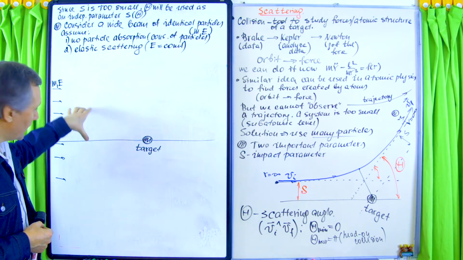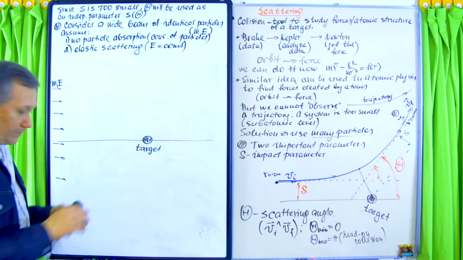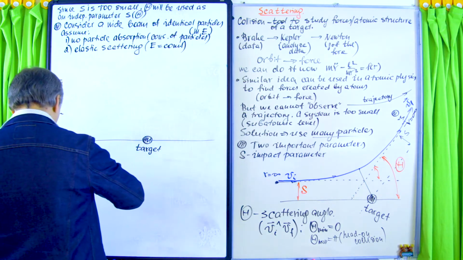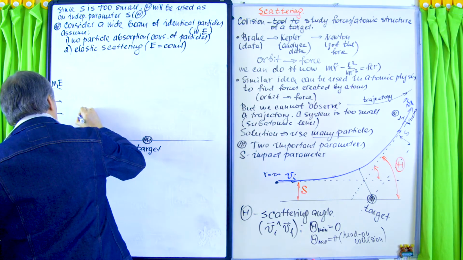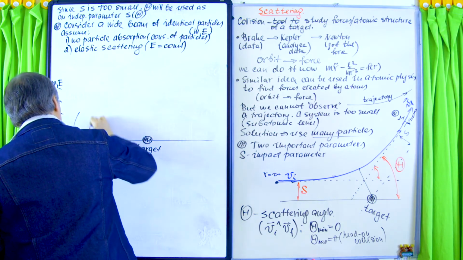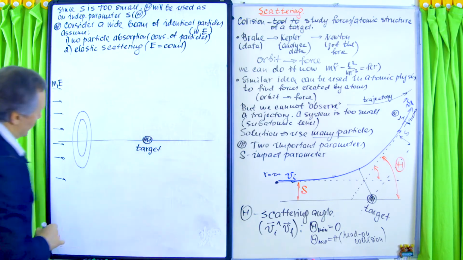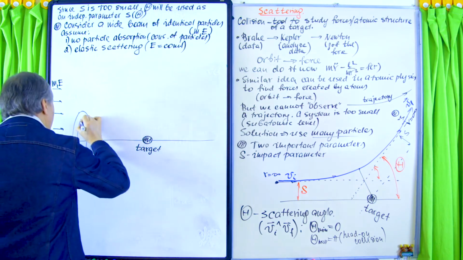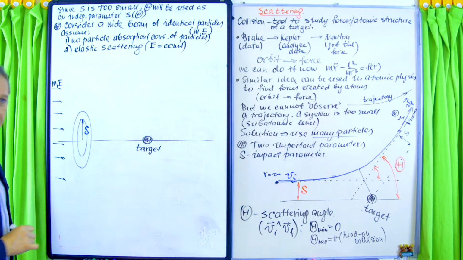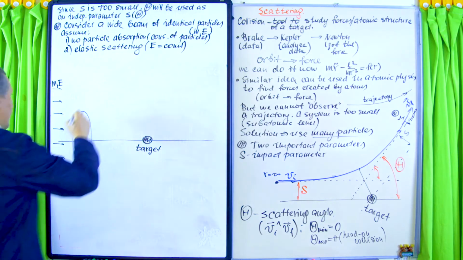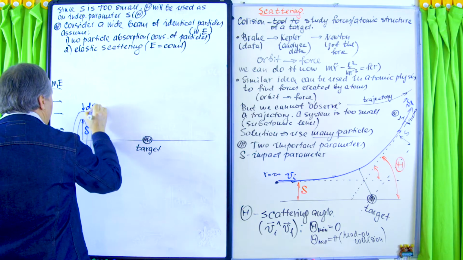And of course, I'm going to draw it centered on this line of symmetry. Let me use blue. So let's say this is our thin cross-sectional area of radius S, the impact parameter, and its thickness is dS.